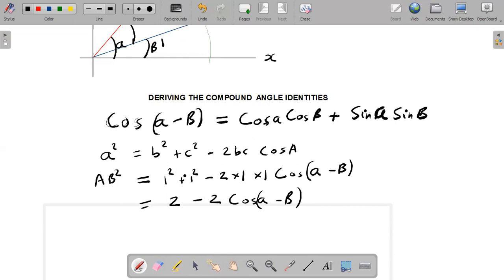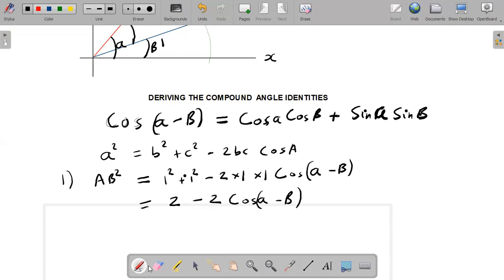Upon simplification, this is the first simplification we have for AB squared. We have used the cosine rule, so we will call this our first stage in deriving this identity.